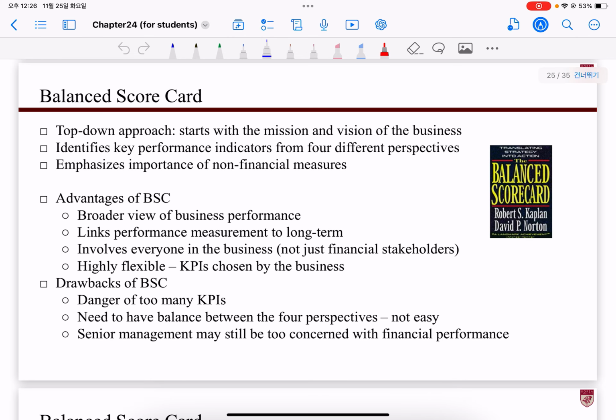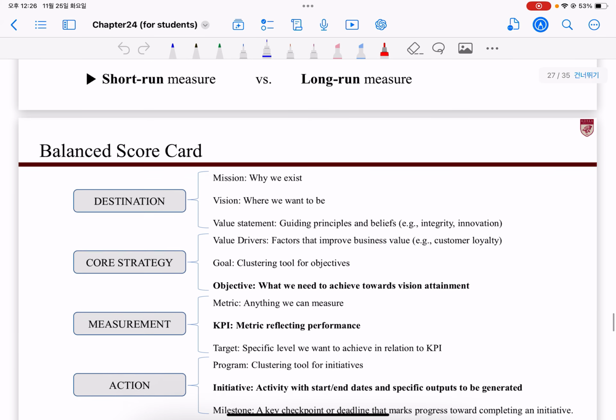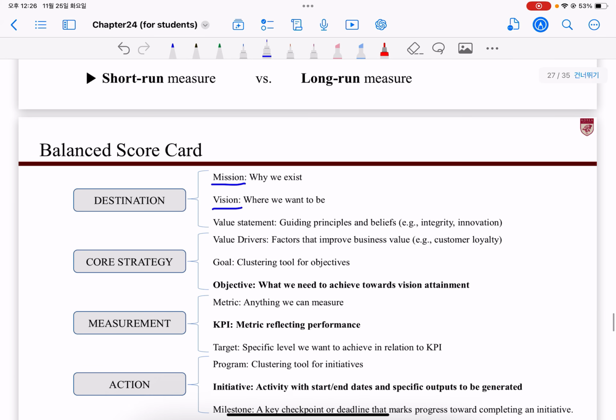Okay, so how does the balanced scorecard or the BSC work? It usually starts from top down, meaning first it starts with mission and vision of the business. I'll tell you later about what the mission and vision is, but here, mission is about why we exist right now.